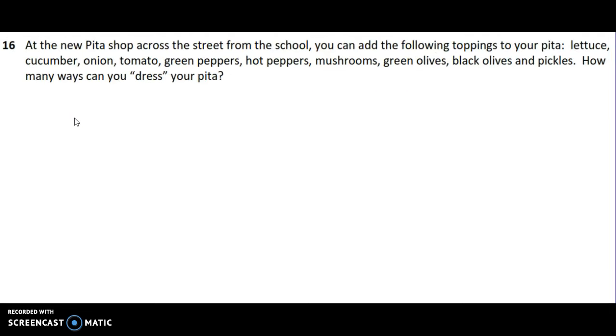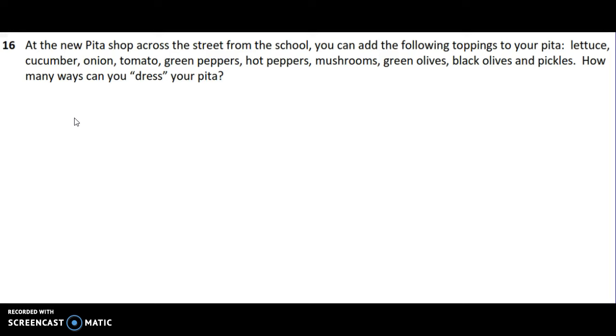Okay, this is an example of picking how many subsets you can create from a set of items, and they're all distinct. So this is like the block question where all the blocks were different colors, and we were asking ourselves how many ways can we pick at least one block. This time the blocks are the toppings for our pita. So how many toppings do we have?